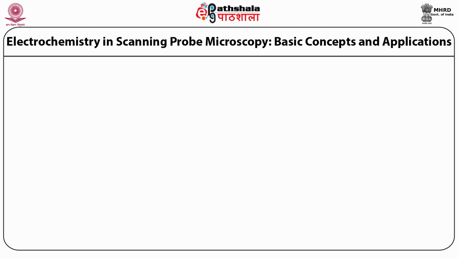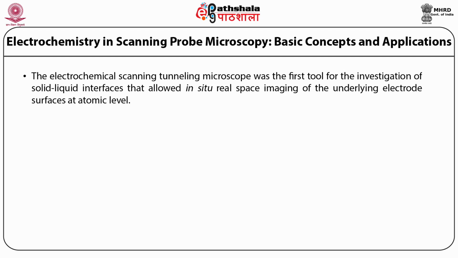Continuing this, we will find that electrochemistry is a very important area where STM is extensively used all over. So electrochemistry in scanning probe microscopy is a very important area. Basic concepts and applications: in terms of studies of STM, the electrochemical scanning tunneling microscope was the first tool for the investigation of solid-liquid interfaces that allowed in situ real space imaging of the underlying electrode surfaces at atomic level.